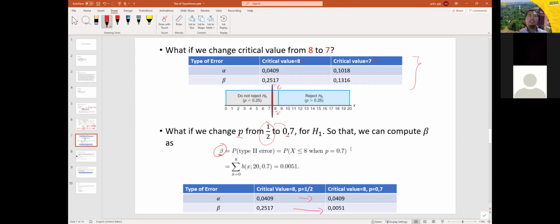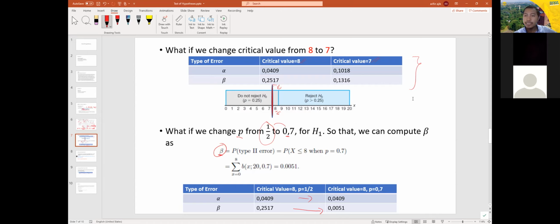Okay, is there any question? If you don't believe, you can compute by yourself. Okay.